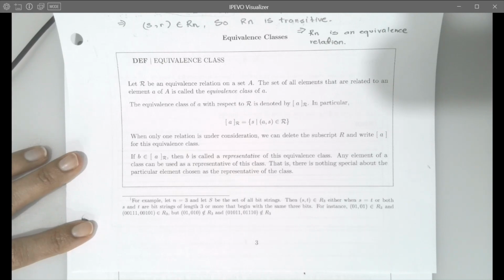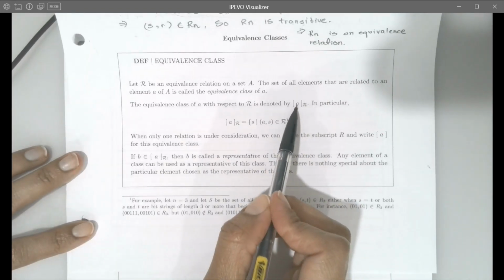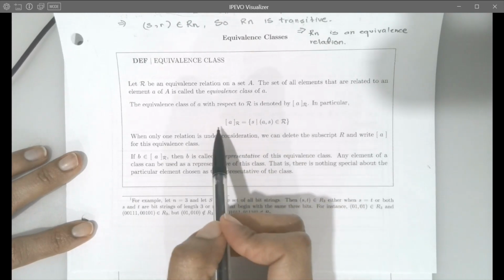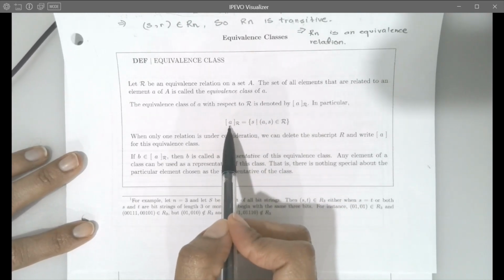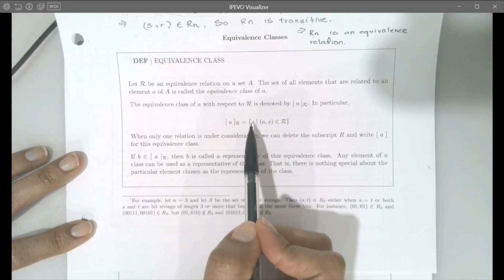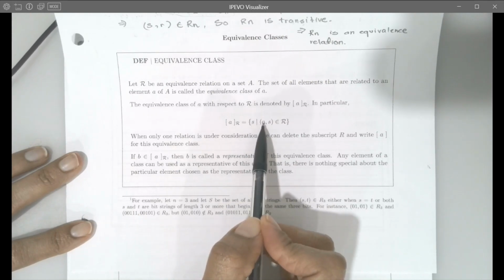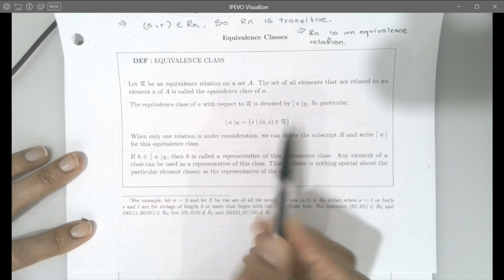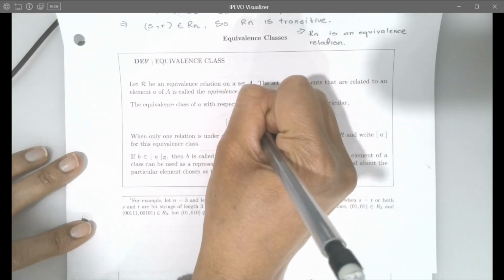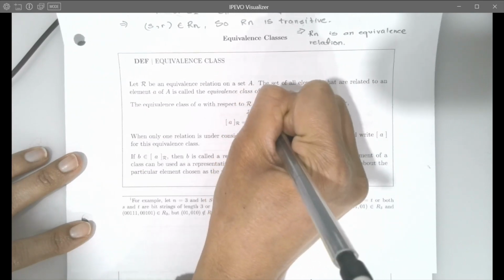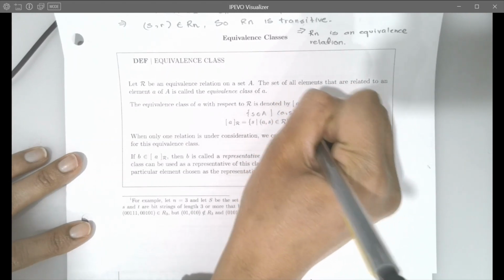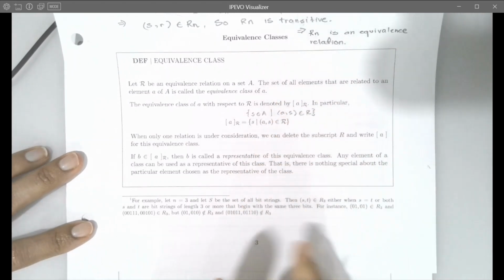And so the equivalence class of a with respect to R is denoted by a inside brackets with a subscript of R. So in particular, we just write that the equivalence class of a is the set of all elements s such that a comma s is an ordered pair in R. And again, something that perhaps would be helpful to remember here is that s is an element of the domain. Okay, so we could be a little bit more explicit and write the set in this form.